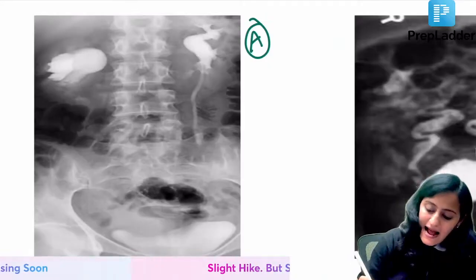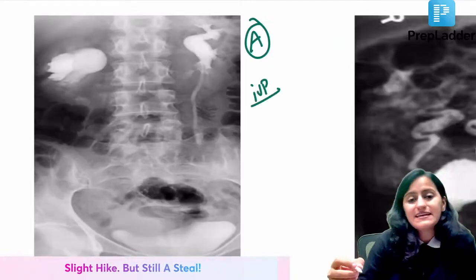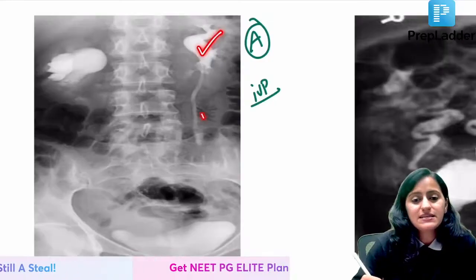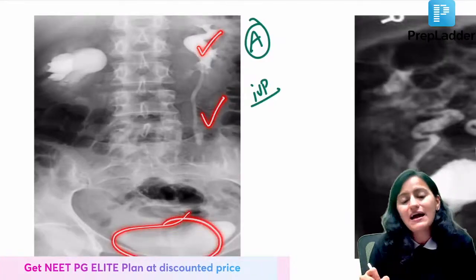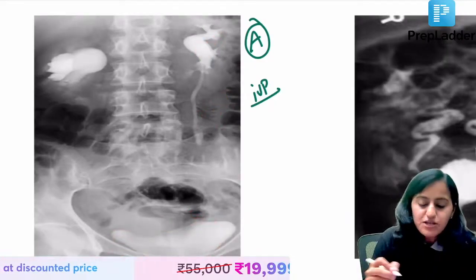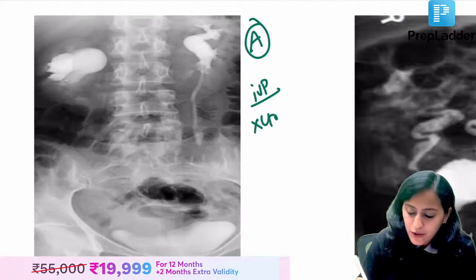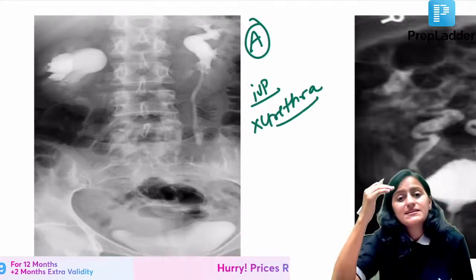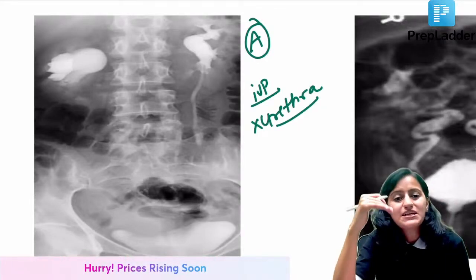Yes, this is an IVP image. This is not a plain X-ray. You are seeing the contrast in the kidney, in the ureter and in the bladder. Do you see urethra in IVP? No, you do not see urethra in IVP. It is contrast X-ray of KUB, kidney, ureter, bladder.